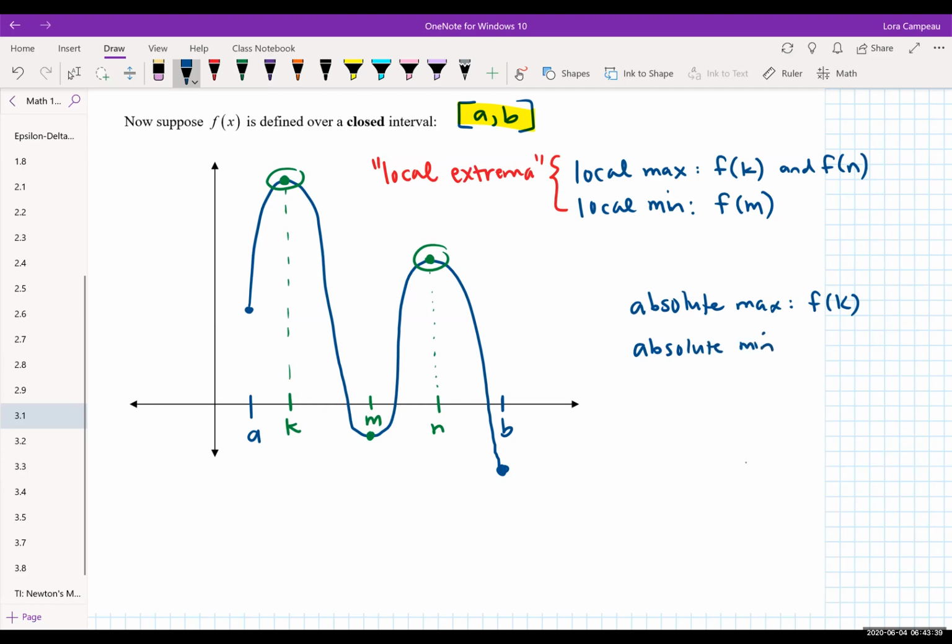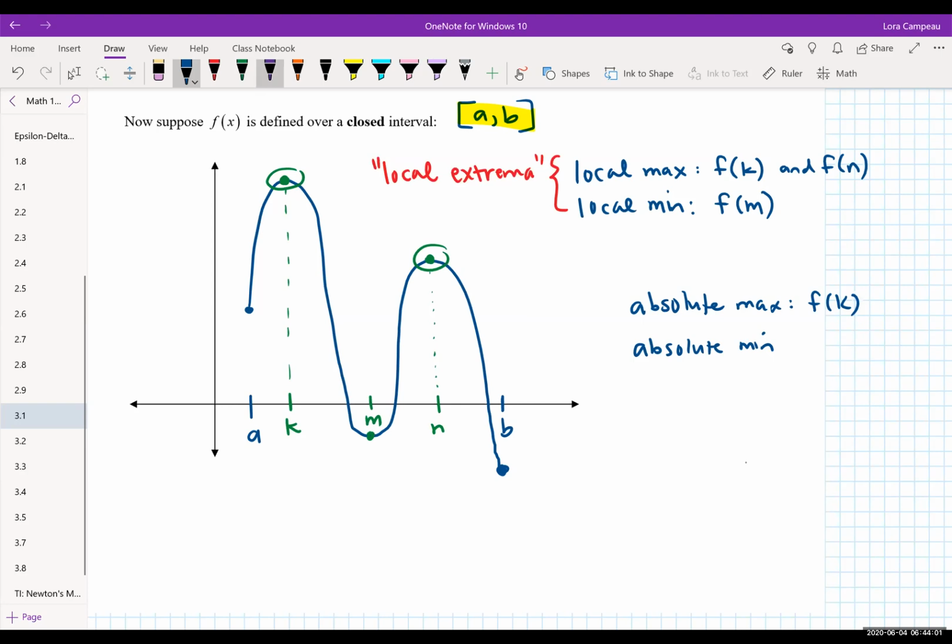It may not look like a nice low point, but this is where we care about the endpoints of the interval as well. So if I were to name where the absolute min is, it's the lowest point on the function in this closed interval.